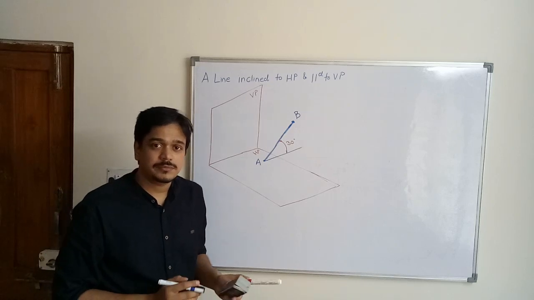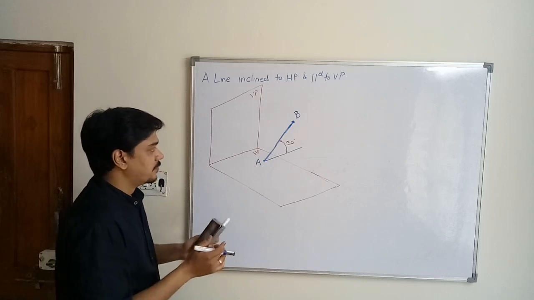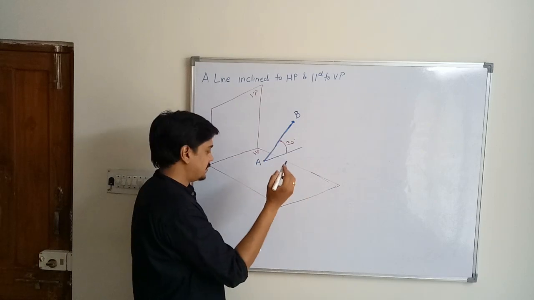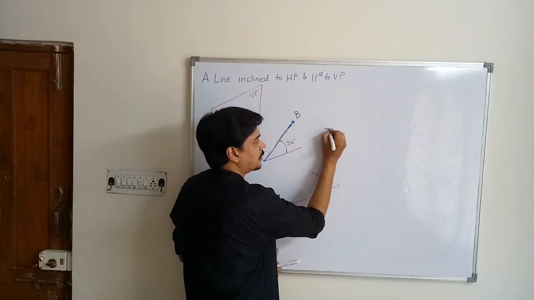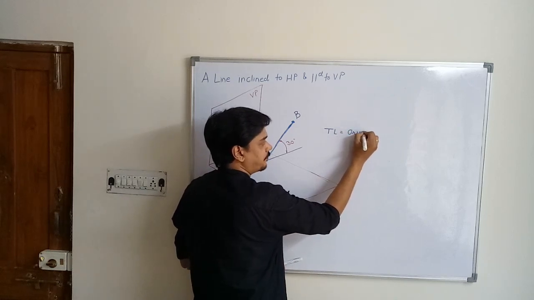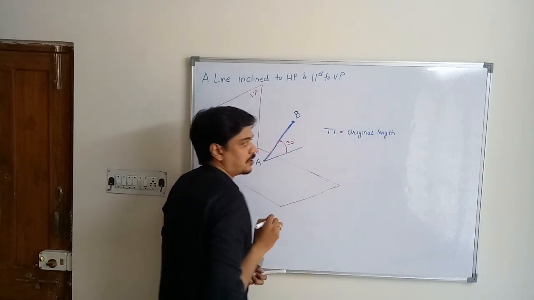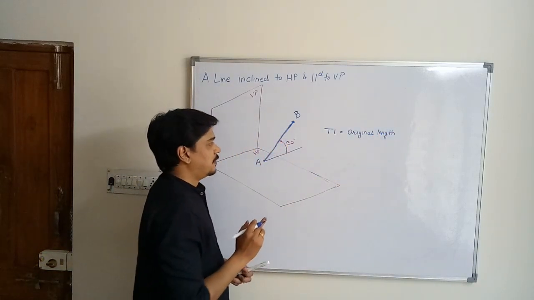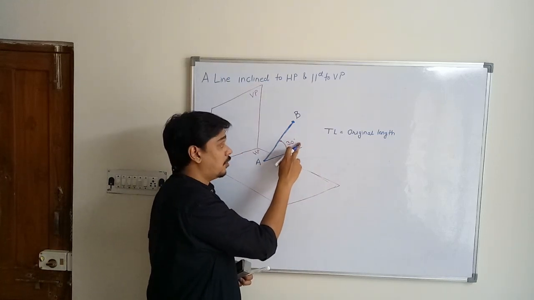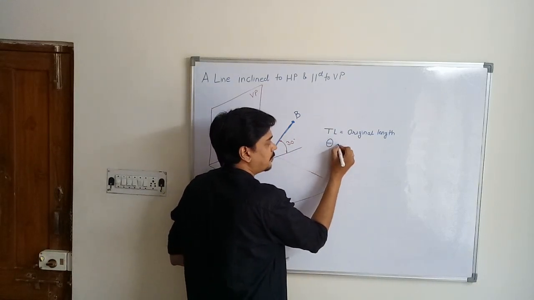Now there are various terms associated with the inclination. So just note down these various terms. As we have already seen, the true length is the original length of a line. Next we have seen that it is 30 degrees inclined to horizontal plane. So this is indicated by theta.